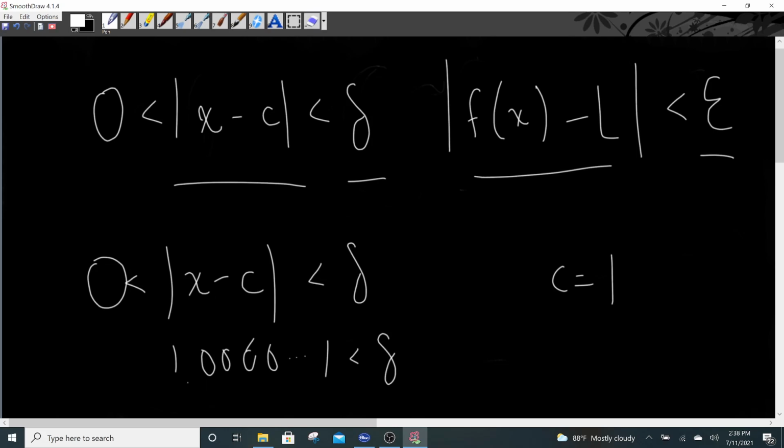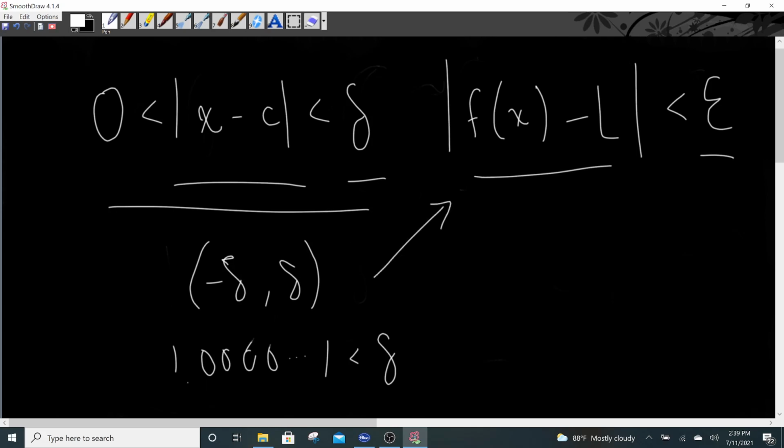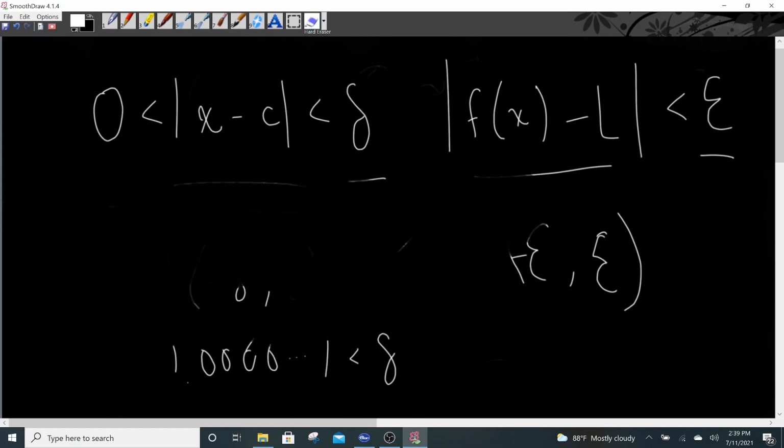We're saying that as delta gets smaller and smaller, this implied relationship between the expression of some domain from negative delta to delta implies this relationship of a range between negative epsilon to epsilon. We're saying that as delta gets smaller and smaller, epsilon gets smaller and smaller.